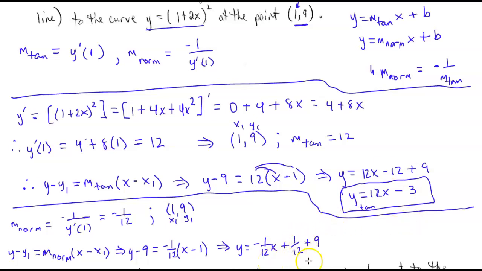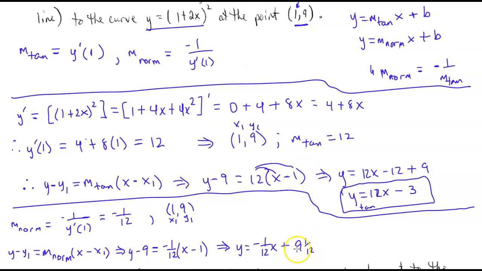And of course, here we just need to add this together. And so that would be the same as 9 and 1/12. And of course, we know that 9 and 1/12 as a mixed number would be the same as 12 times 9, which is 108, plus 1, which is 109, divided by 12.